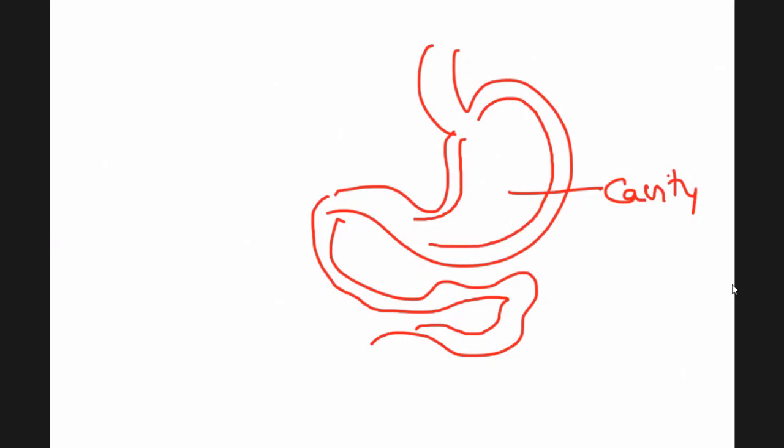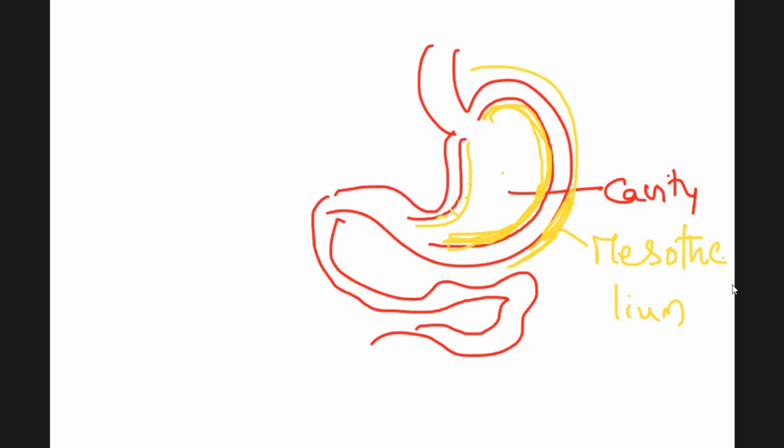Inside, this layer is mucosa. Any free surface is enveloped by epithelium, that is called mesothelium, the covering layer. This is the outer covering, the visceral layer or coelomic epithelium. The inner cavity is lined with this columnar epithelium.